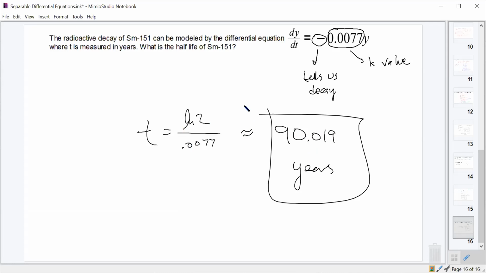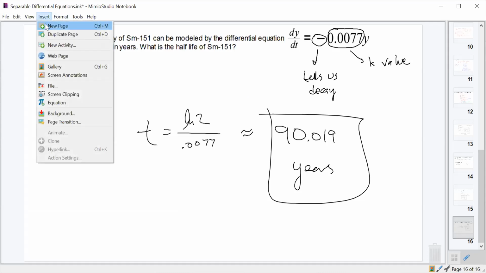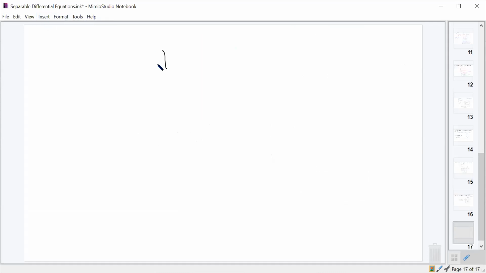That's all we need to do with exponential growth and decay. The biggest thing to recognize is when a differential equation is exponential growth or decay. So if I gave you something like this, dy/dt equals 0.1y, is that exponential growth or decay? Is that exponential change, or is it something different?